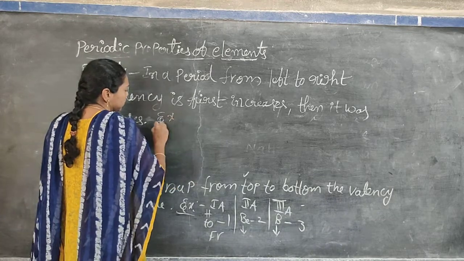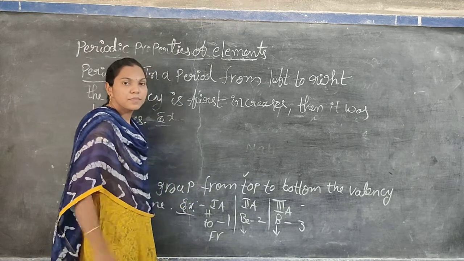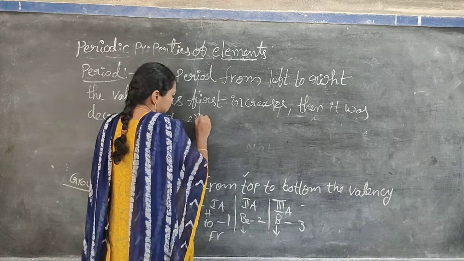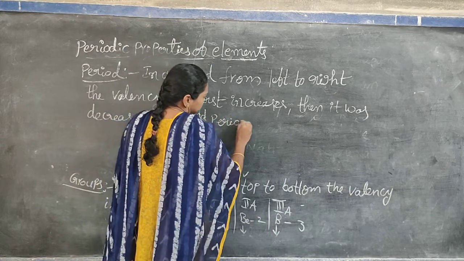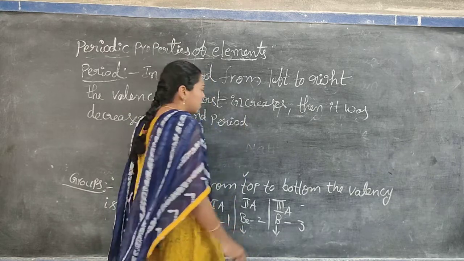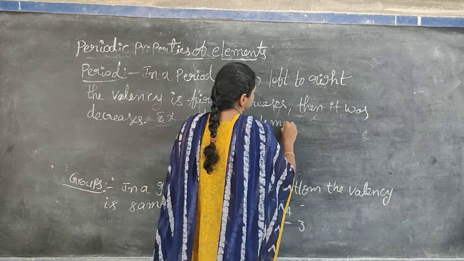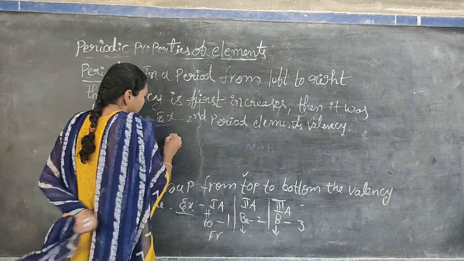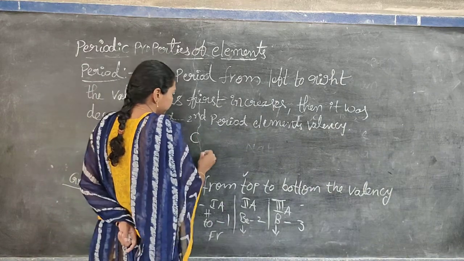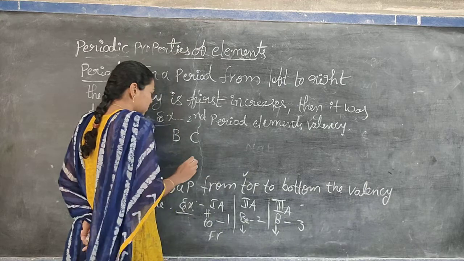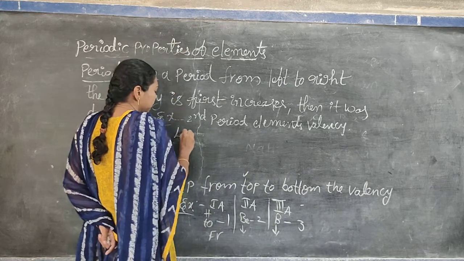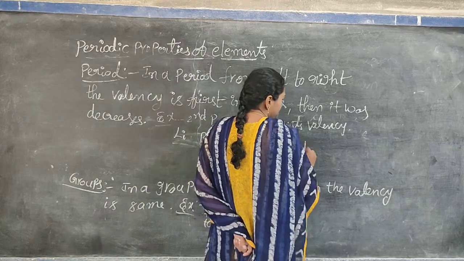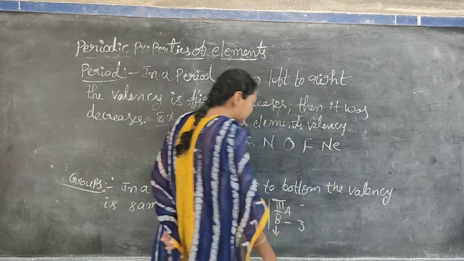Example, second period elements: lithium, beryllium, boron, carbon, nitrogen, oxygen, fluorine, neon.